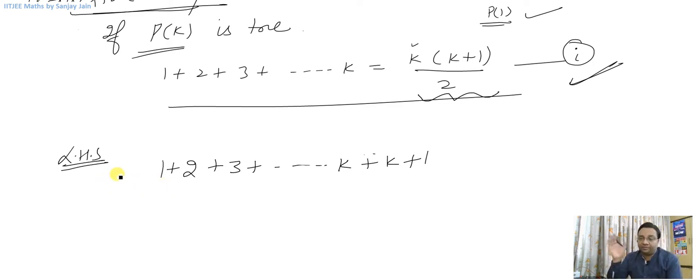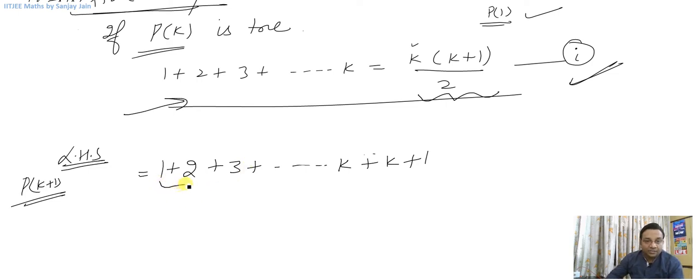We have got enough questions to practice. First of all, let us see what will happen to this. Now this is something that I have got for P of k plus 1. Now let us see what I have. I have got only this statement with me. So based on this statement, I will bring this P of k plus 1 in my desirable pattern. If I am able to do that, then I'll say that P of n is true.